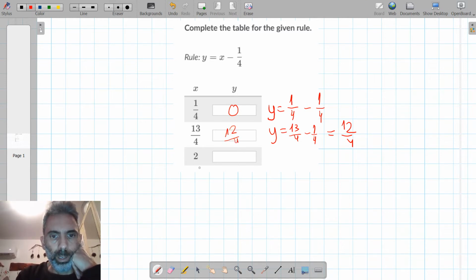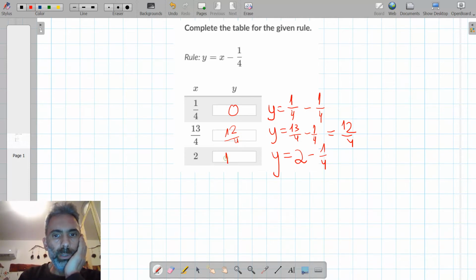12/4. And if x equals 2, then y equals 2 minus 1/4. 2 minus 1/4 means that y in this case equals 1 and 3/4.